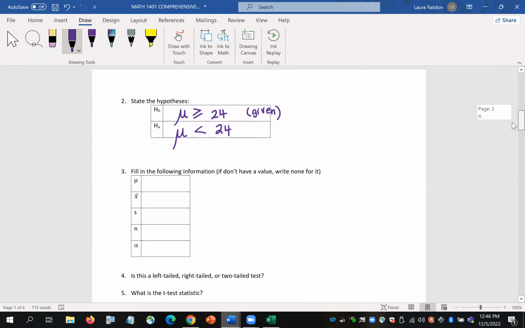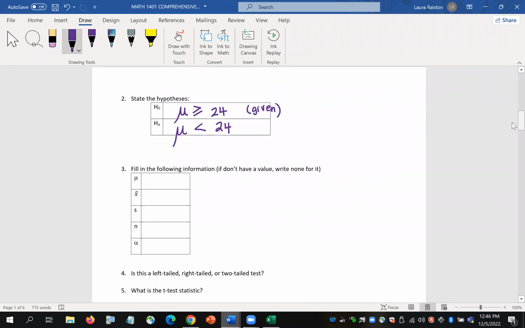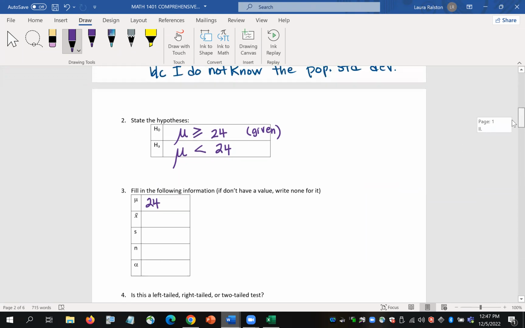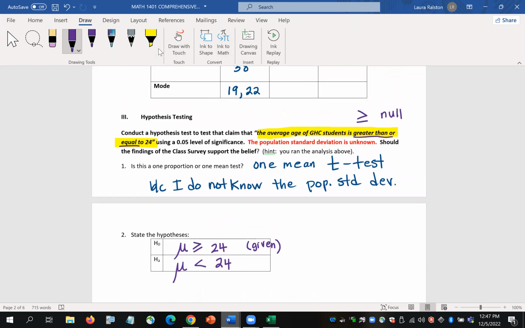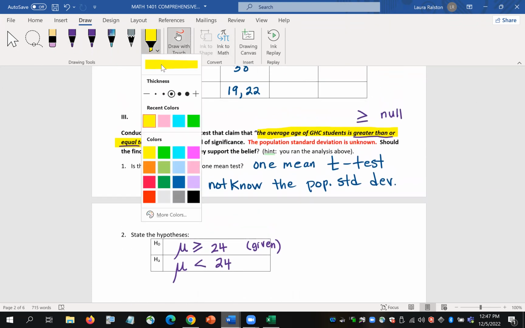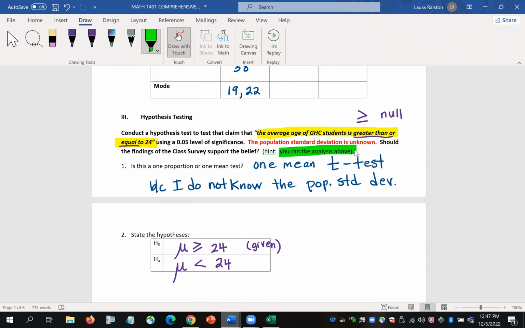Step 2 is to identify the information that you need. Mu is your population mean, which comes from the hypothesis and is 24. You may say, well, Ms. Ralston, it didn't give me X bar or S or N. But if you'll remember at the end of the question, it says you ran the analysis above.